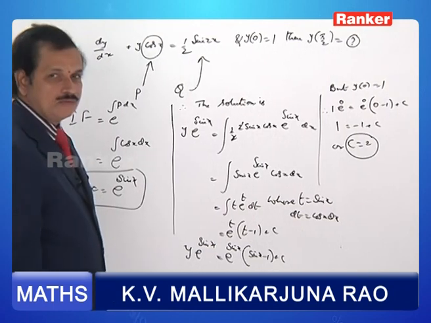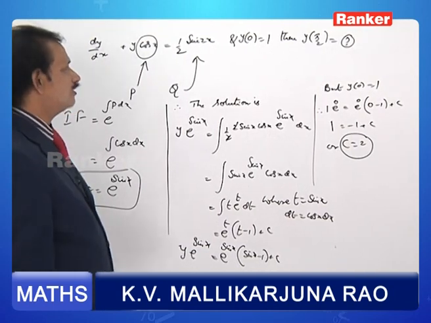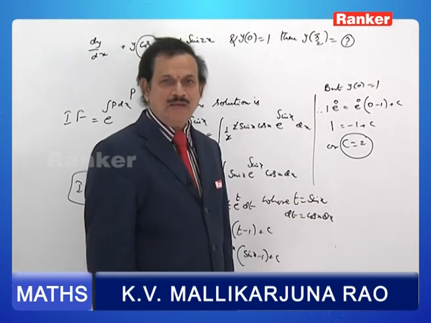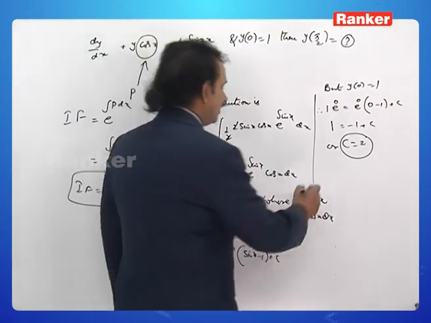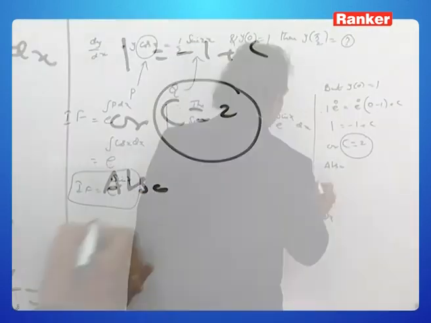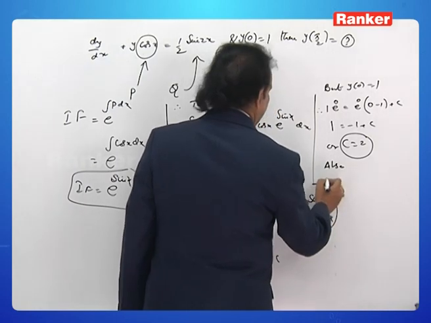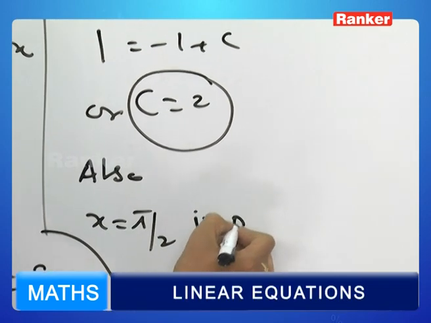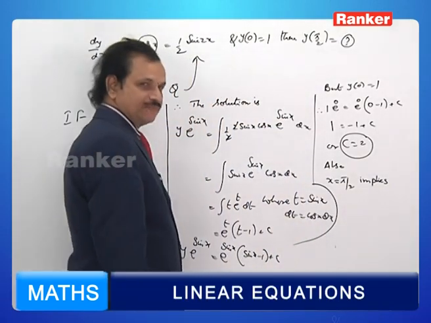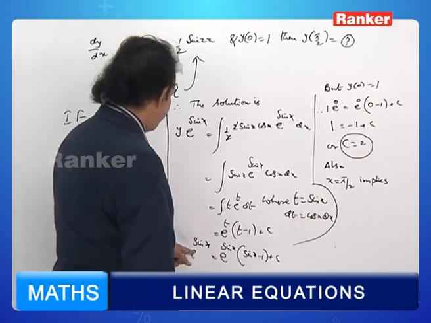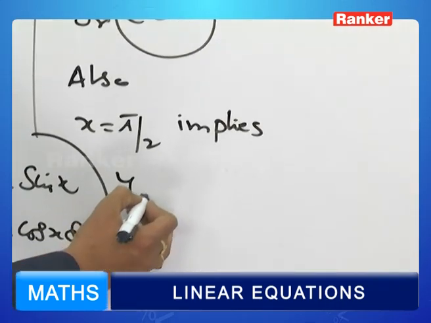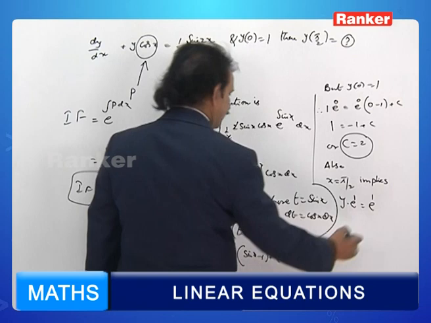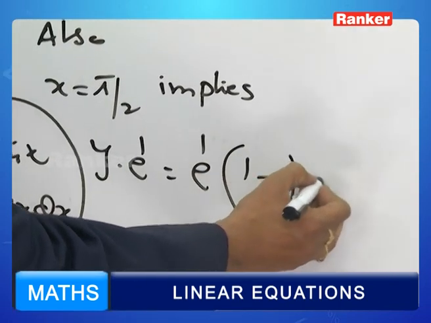Okay. Now, we shall attend to the main question. What is the main question? Y at pi by 2. What happens when x is pi by 2? Also, x is equal to pi by 2 implies, substitute pi by 2 in the place of x, y into e power sin pi by 2, that is 1, is equal to e power sin pi by 2 into sin pi by 2 minus 1 plus c.